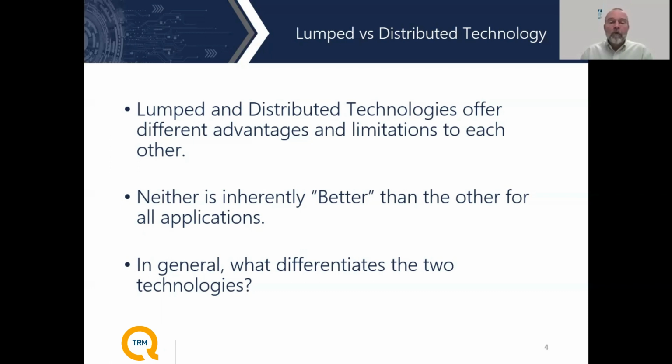And in general, we have some frequency dependent parameters that divide these two camps into whether or not you would use a distributed technology versus a lumped element technology. Okay, then maybe as the question that you posed here in the last bullet, what differentiates the two, maybe you could start out by sharing more of the details about lumped technology.